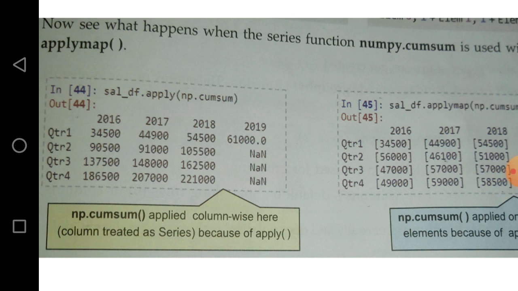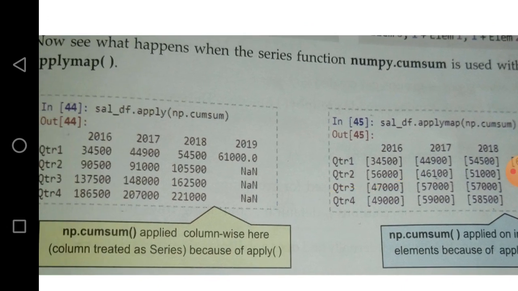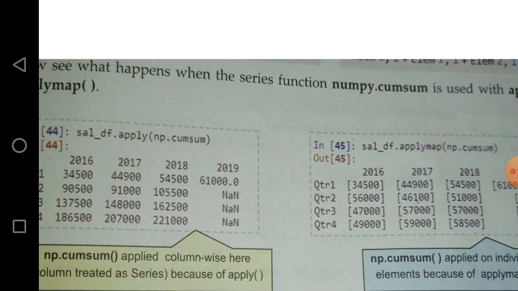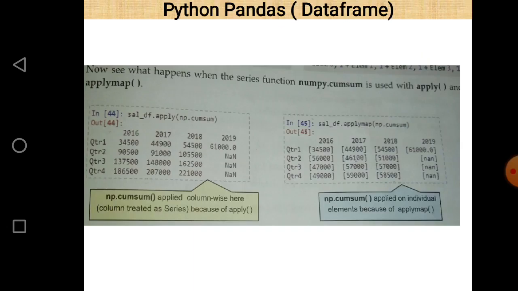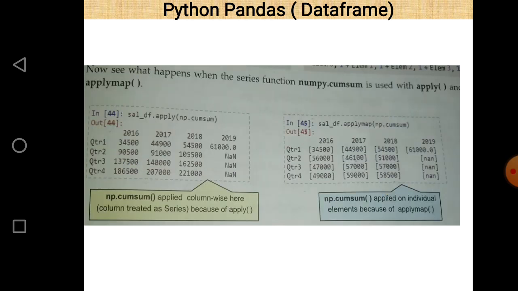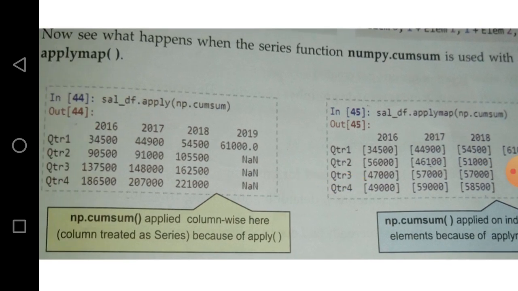So here we calculate the cumulative sum, and again the apply and applymap functions are both applied. As we know, the applymap function applies to each and every element. So in one case the actual data frame remains the same, and in the apply function's data frame certain values will change because the cumulative sum is calculated here.